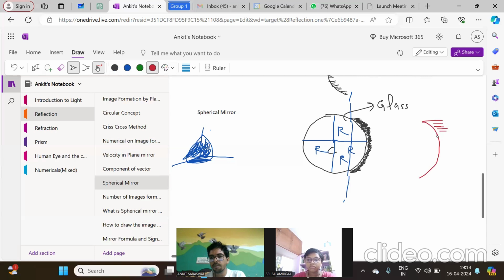Polish will be here. This mirror is known as concave mirror. Any doubt? No doubt, sir.